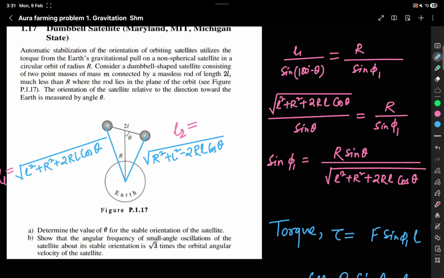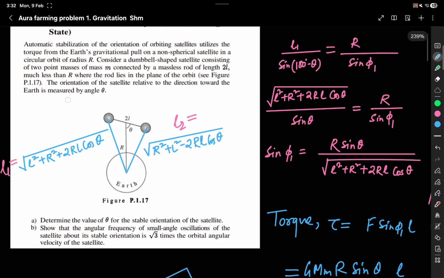Now just consider a dumbbell shape. This is a dumbbell shaped satellite, and this is inclined with the vertical at angle theta, as shown in the figure. The orientation of the satellite relative to the direction toward the Earth is measured by angle theta. You need to find the value of theta for the stable orientation.